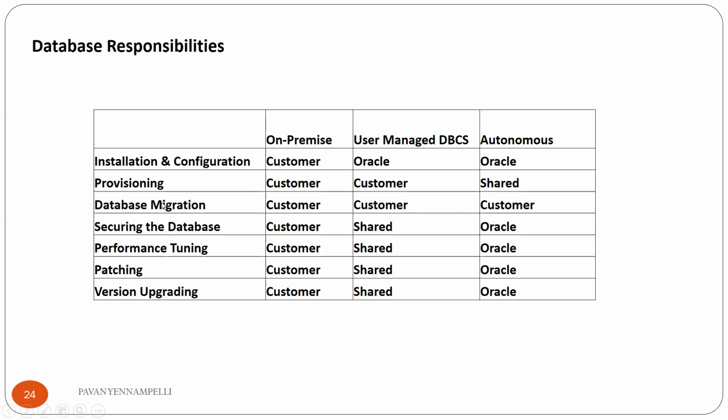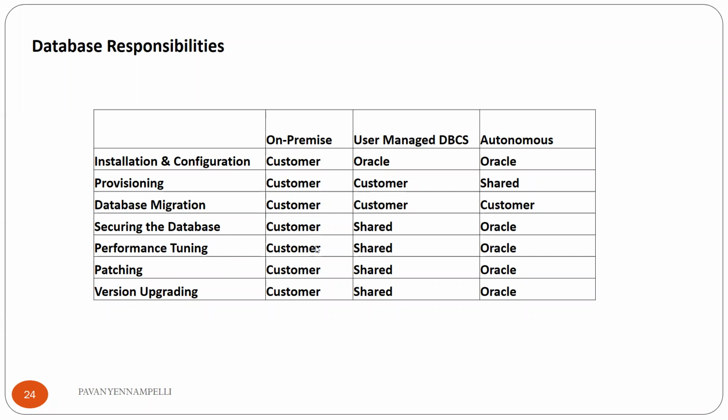When coming to data migration, in all the models, on-premise, user managed system, and autonomous, it's a customer responsibility. When it comes to security, in the on-premise model, it's the customer's responsibility. In the user managed database system, it's a shared responsibility, where both Oracle and the customer should be responsible for security. In the autonomous system, it is Oracle's responsibility.